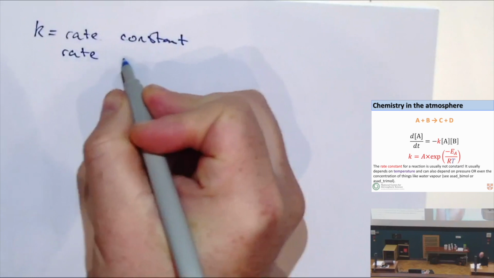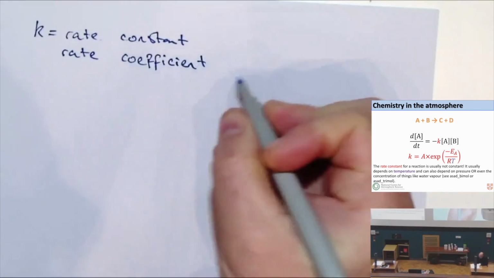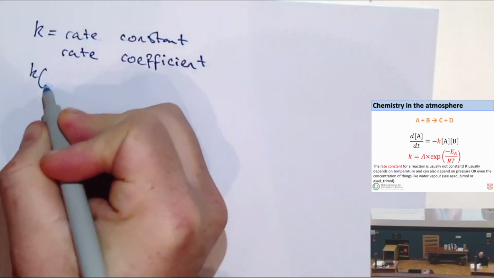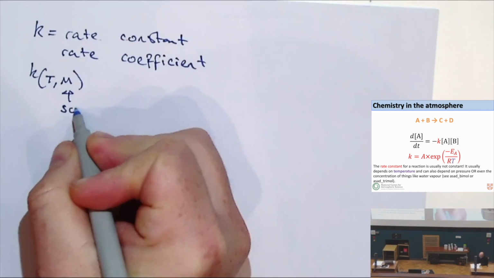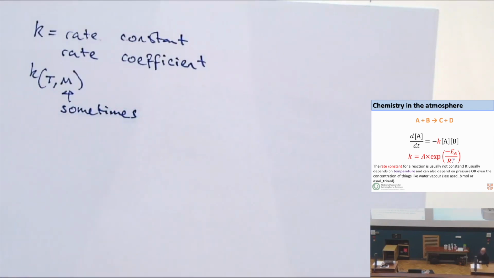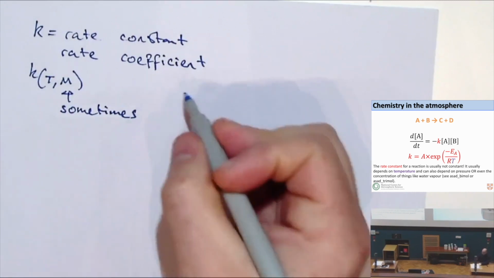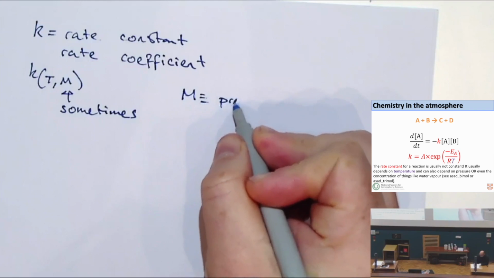Or otherwise known as a rate coefficient. Usually, we can think about it as a function of temperature, but sometimes also it's a function of pressure as well. So M here is equivalent to pressure.